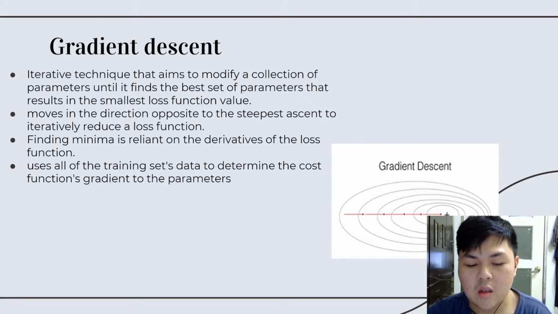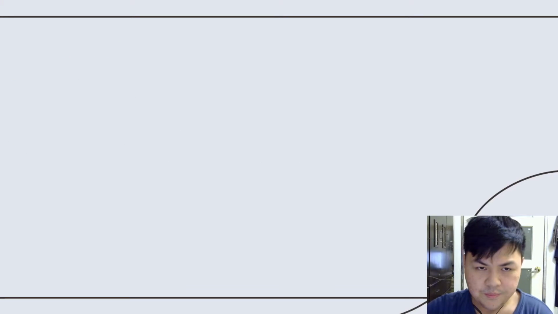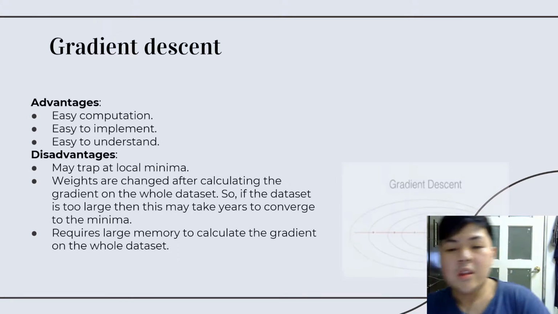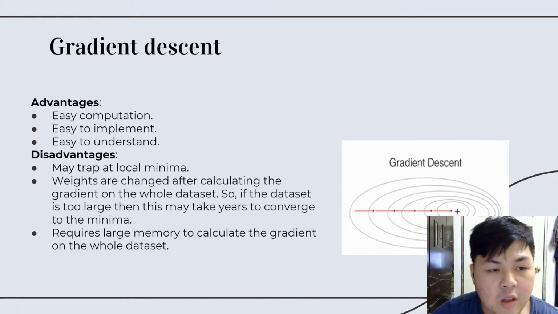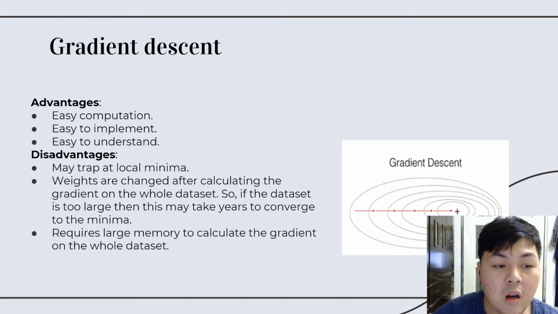And for the advantages and disadvantages of gradient descent, the advantages are that it is easy to compute, easy to implement, and easy to understand. But some of the disadvantages: it may get trapped at local minima.